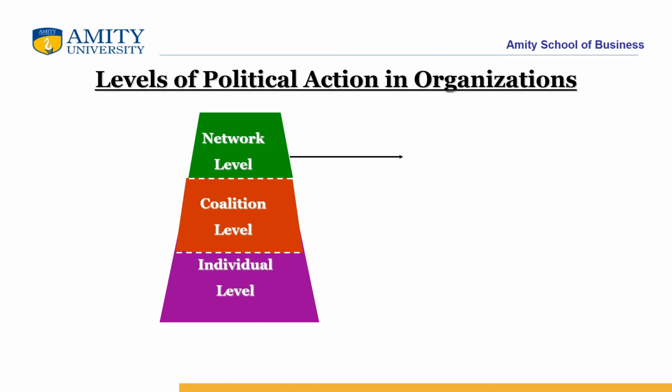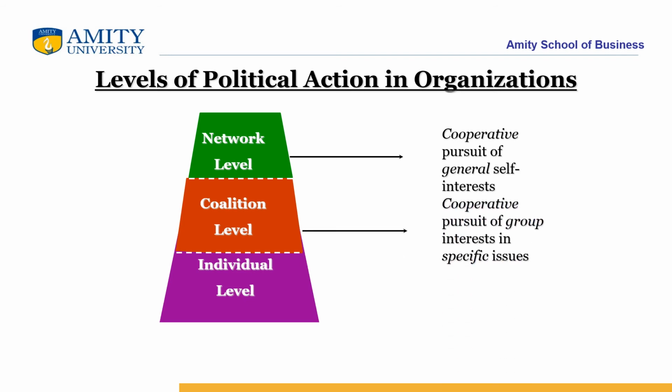At the network level, the descriptive characteristic is cooperative pursuit of general self-interest. At the coalition level, the characteristic is cooperative pursuit of group interest in specific issues, and at the individual level, individual pursuit of general self-interest is the main characteristic.